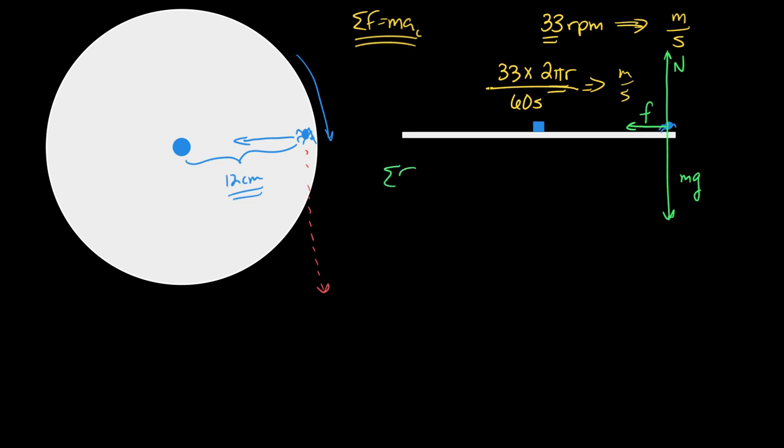Net force in the x direction equals m a_c. I'm thinking that's friction, which equals m v squared over r. I could do two substitutions at once. You're okay with that, right? This is a centripetal acceleration problem, so the acceleration is modeled by v squared over r. Good so far? All right. That's net force in the x direction.